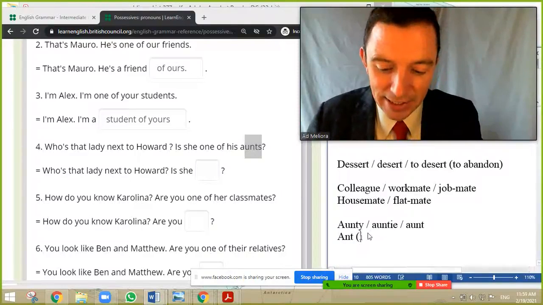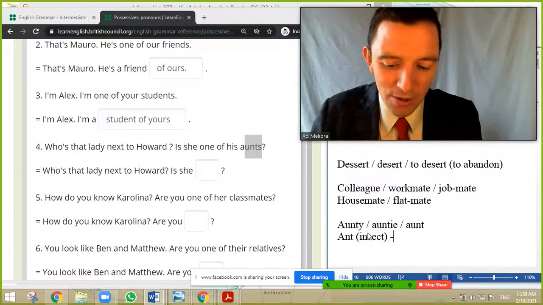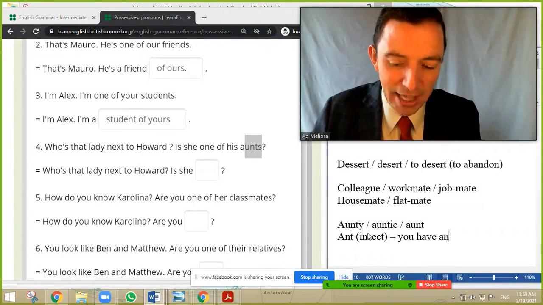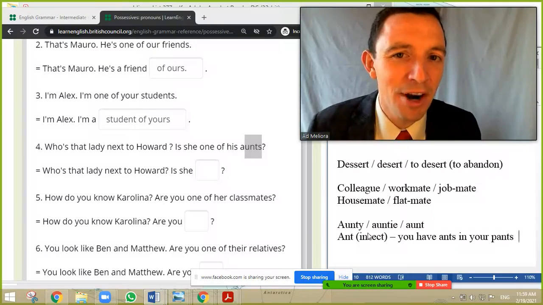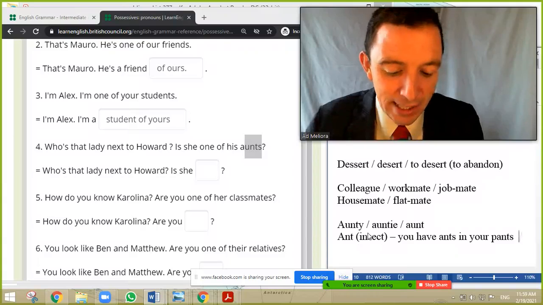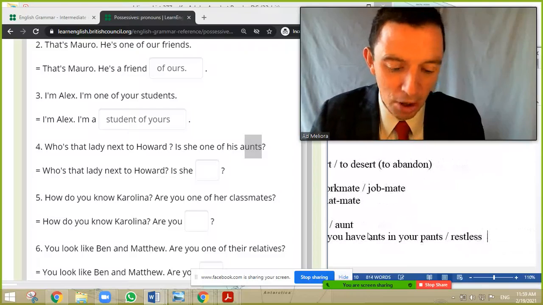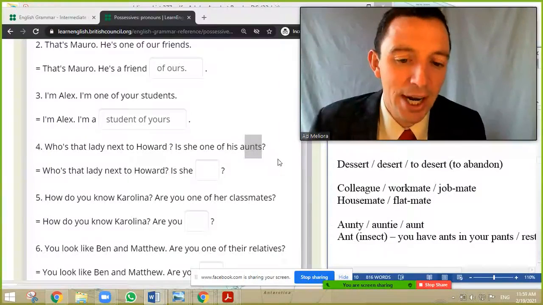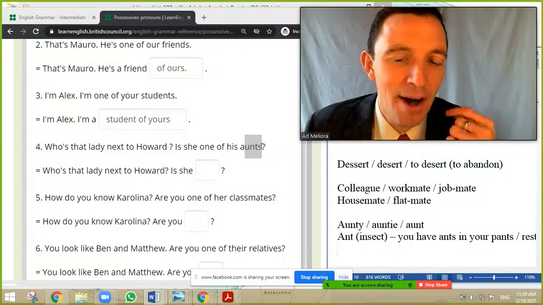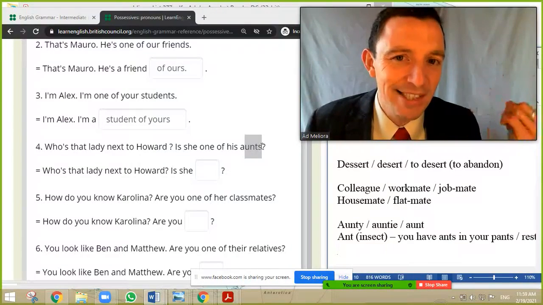Ant is the insect. And there is an expression, you have ants in your pants, very informal, and the significance is you're very uncomfortable or very restless or very uneasy. But here it's the family. My mother's sister is my auntie.